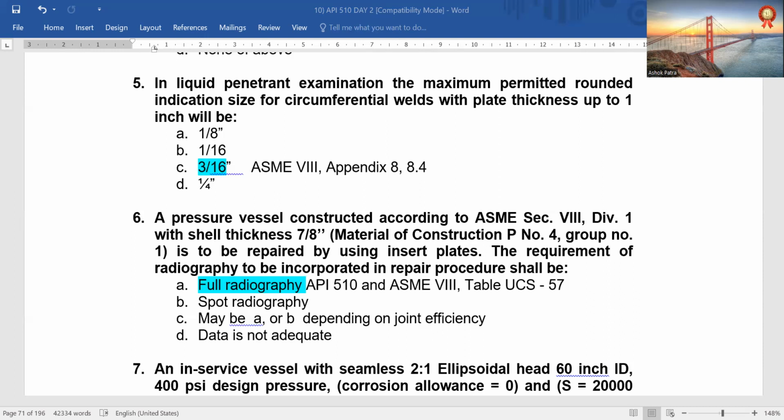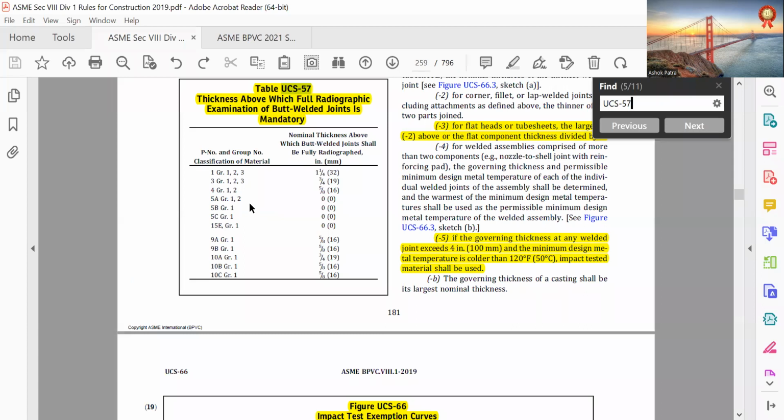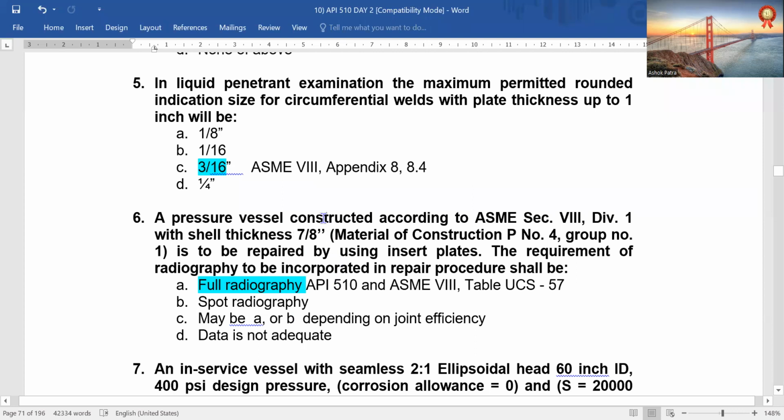It gives the nominal thickness above which butt welded joints shall be fully radiographed. So for group 1 it is written 16, that is 5 by 8. And our question is 7 by 8, which is above that. So full radiography.